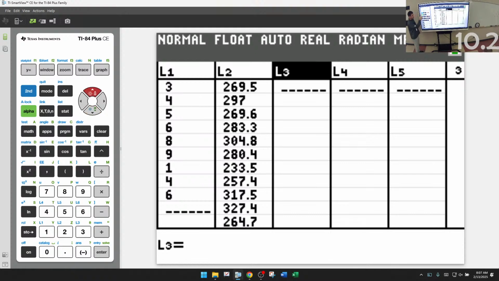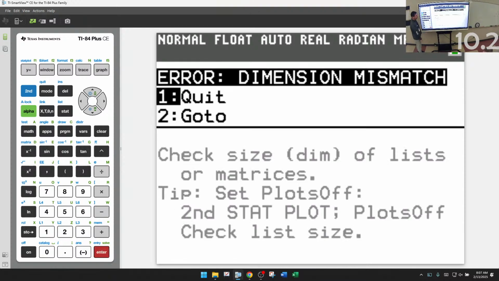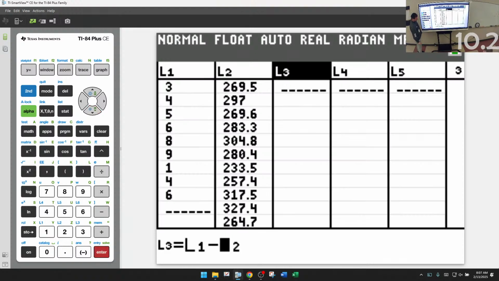Yeah, see? Dimensions mismatch. But normally you would do second L1 minus second L2, and that will subtract them all for you.